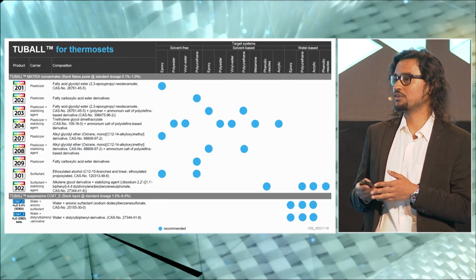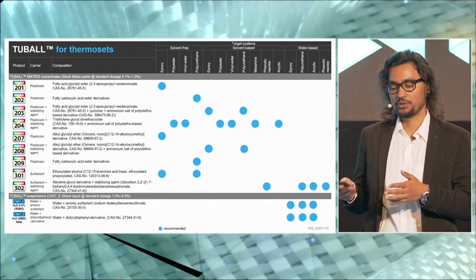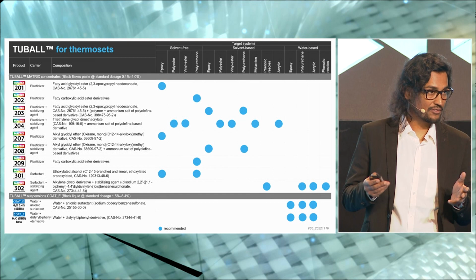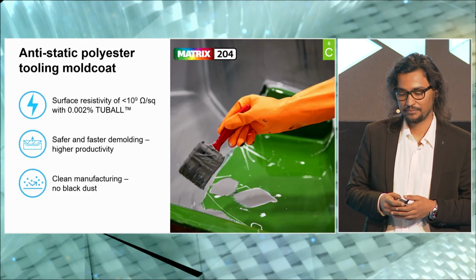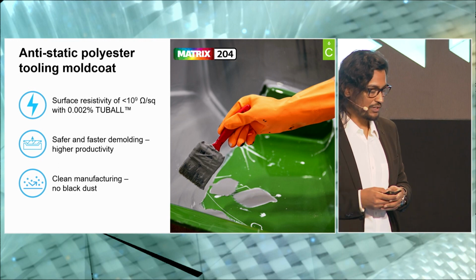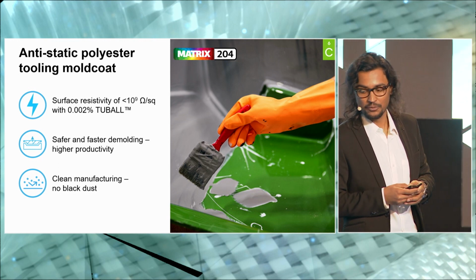When we give matrix in a particular carrier, you will be able to use it and disperse it with your own commercial setup, like Romar-Voss does. We have a wide range of matrices available for various kinds of base polymers. Now let me share some more interesting cases with you.